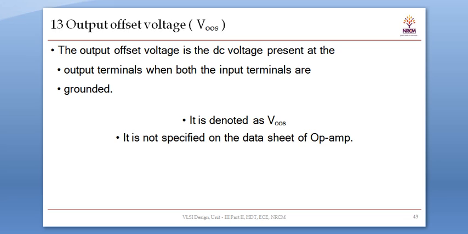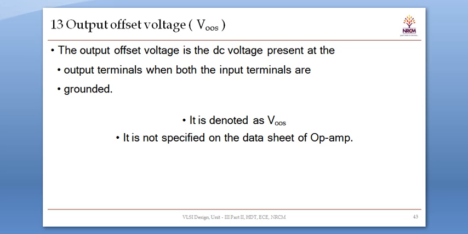If the gain increases, the bandwidth decreases, and if the bandwidth increases, the gain decreases. They are opposite to each other, but the product of gain and bandwidth is always constant. So this is about gain bandwidth product.